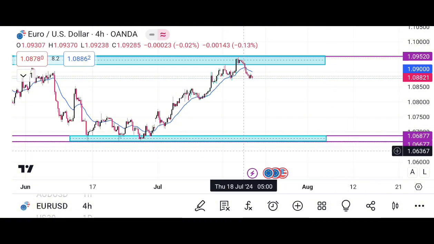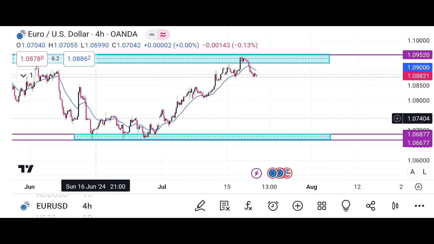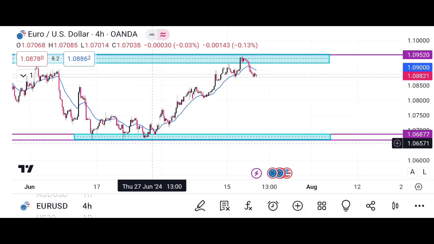Reason being, this support zone is very important, guys. Support 1, support 2, support 3, aka triple bottom. You heard? Aka triple bottom.